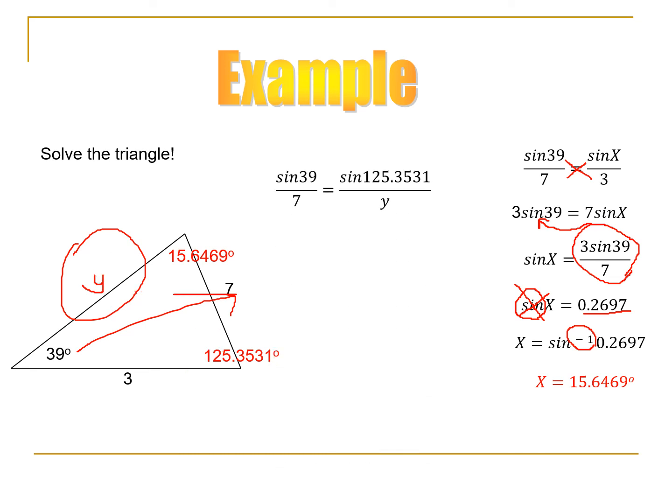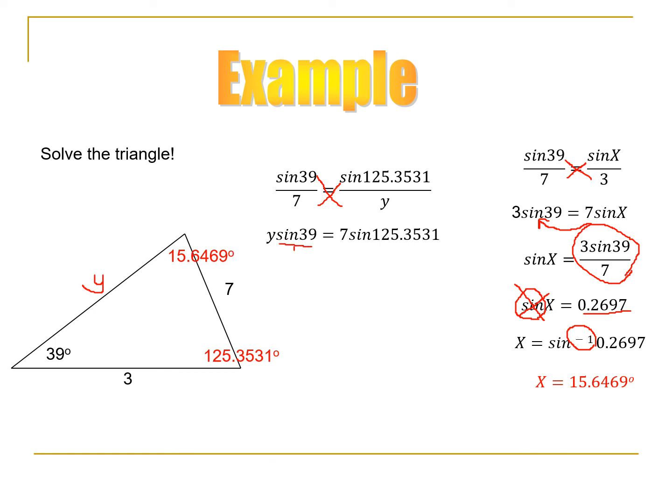We have sine of 39 over 7 equal to sine of 125 over y. Go ahead and cross multiply. In this case, we have to move that sine 39 to the other side by dividing it. Then punch all of this into your calculator, and there we have the third missing side.